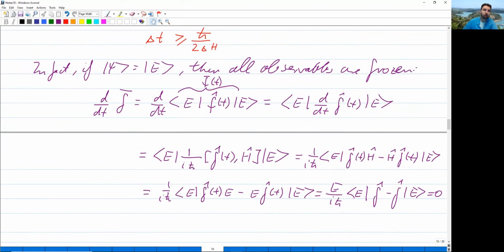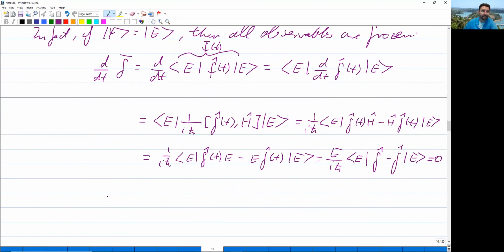So the conclusion is that if a system is in an energy eigenstate, then d by dt of f bar of t is equal to 0 for all f hat, for all t larger than t naught. So if a quantum system does not fluctuate in energy, if its energy is sharp, we are dealing with an energy eigenvector, then the system is completely frozen.